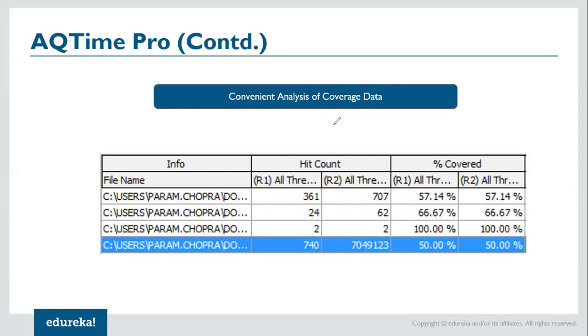So coverage data is data wherein you can identify the coverage in terms of maybe use of a particular code, or testing coverage of a particular code. So you have convenient data available for you from different runs, and you can do a proper analysis of that data so that you can take proper decisions.